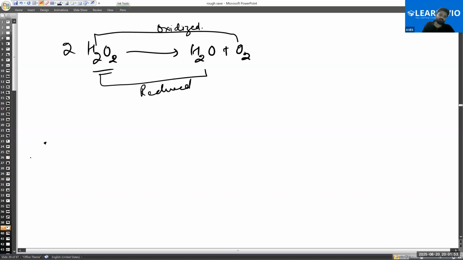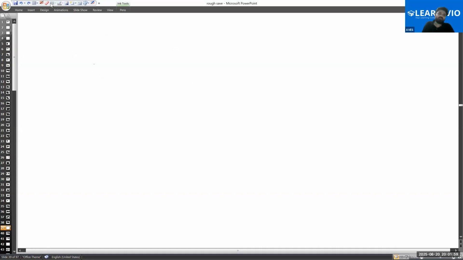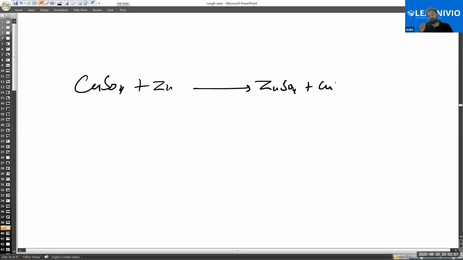Okay, next is, can you tell me, in this reaction, CuSO4, when react with zinc, it will give you ZnSO4 plus Cu. In this, is the substance oxidized or reduced? Copper sulfate is oxidized or reduced? Reduced.